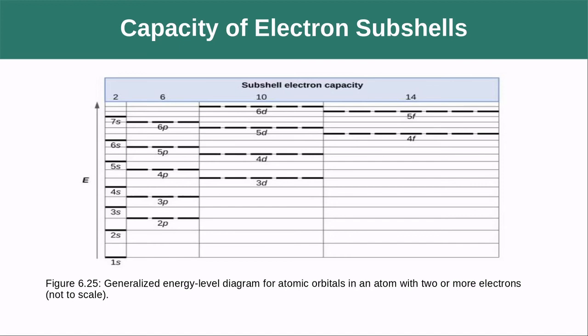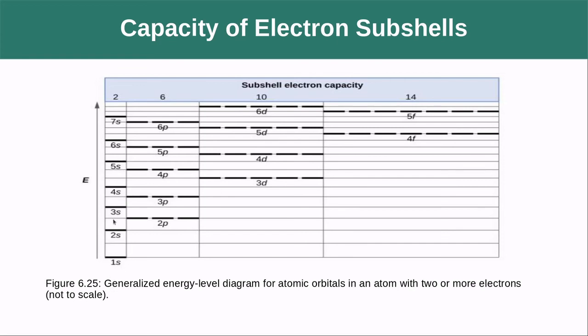So what they're trying to say is that the first thing we're going to do is put an electron in the 1s. Then we put a second electron in the 1s. It's going to have a different spin to the first one. Now this one's full.